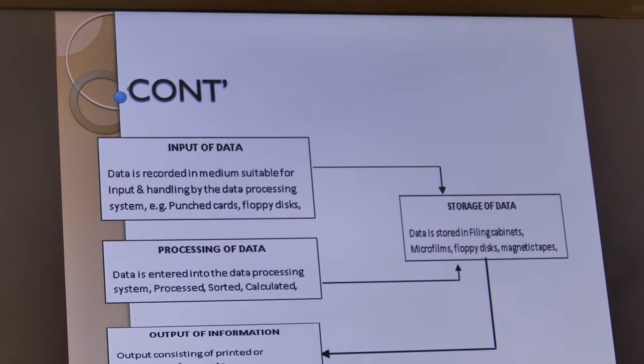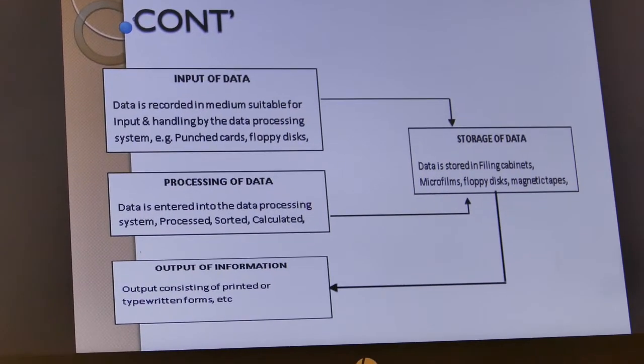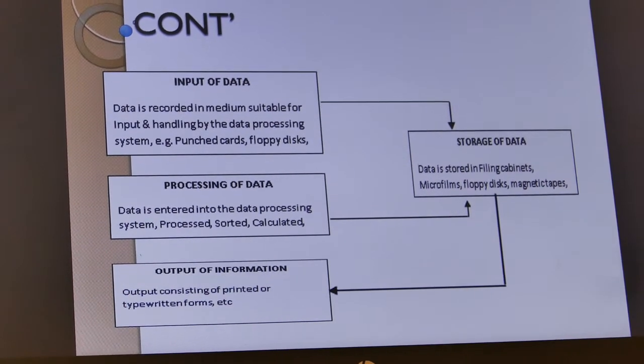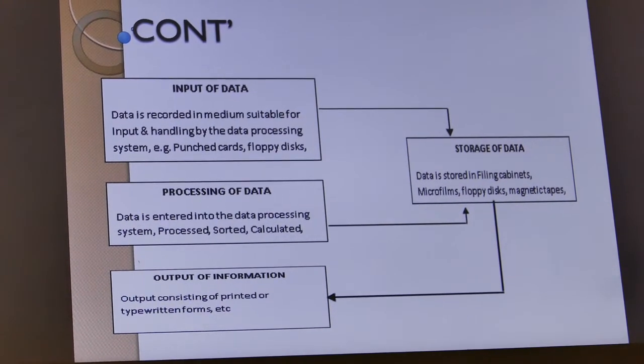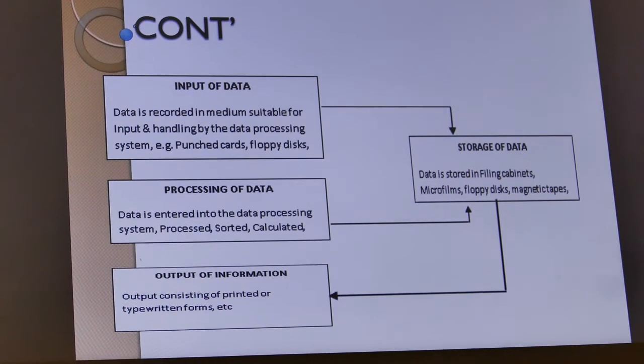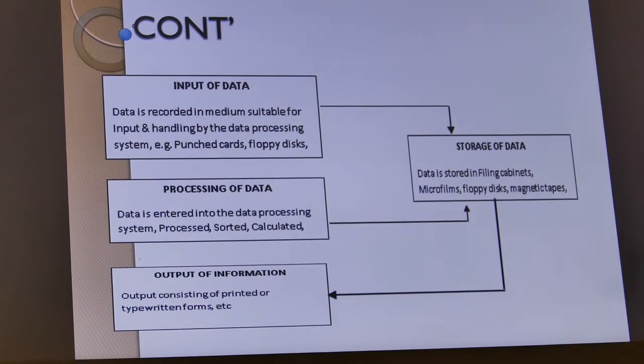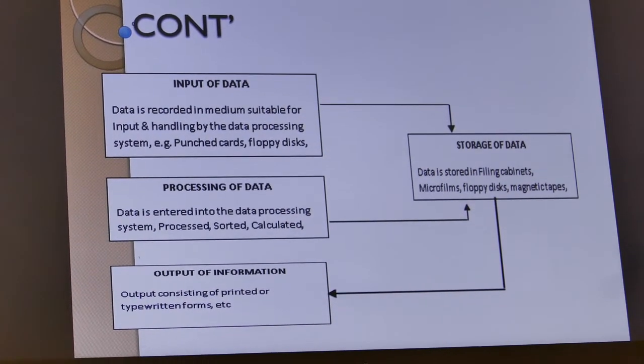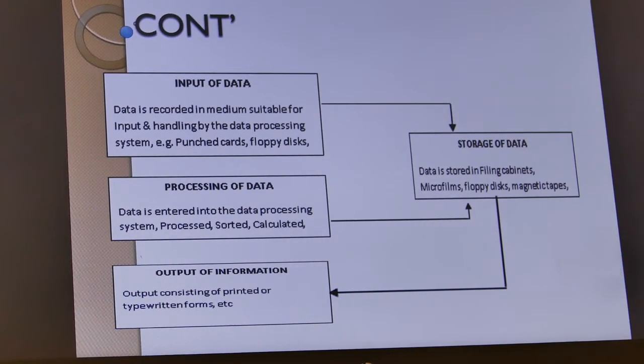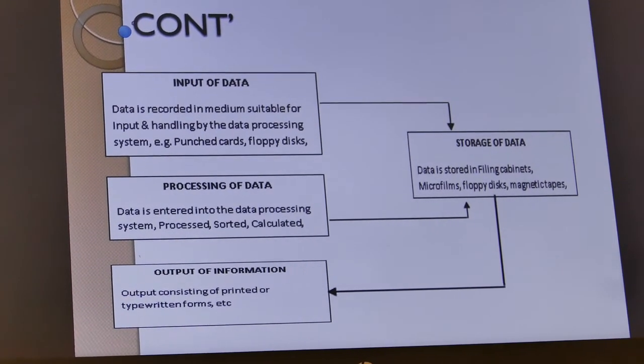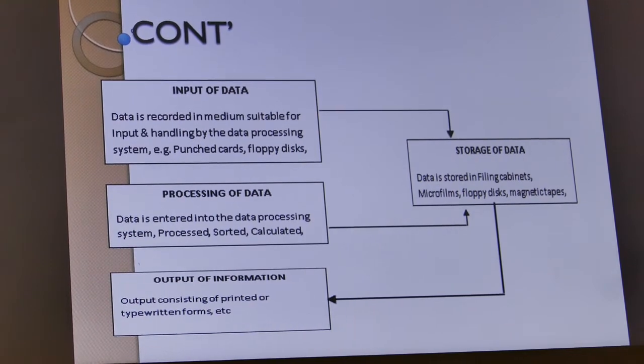Stage number 3 is input of data. This is whereby you make the data suitable and handle it in the right way. You use the right input devices. You input it for processing.